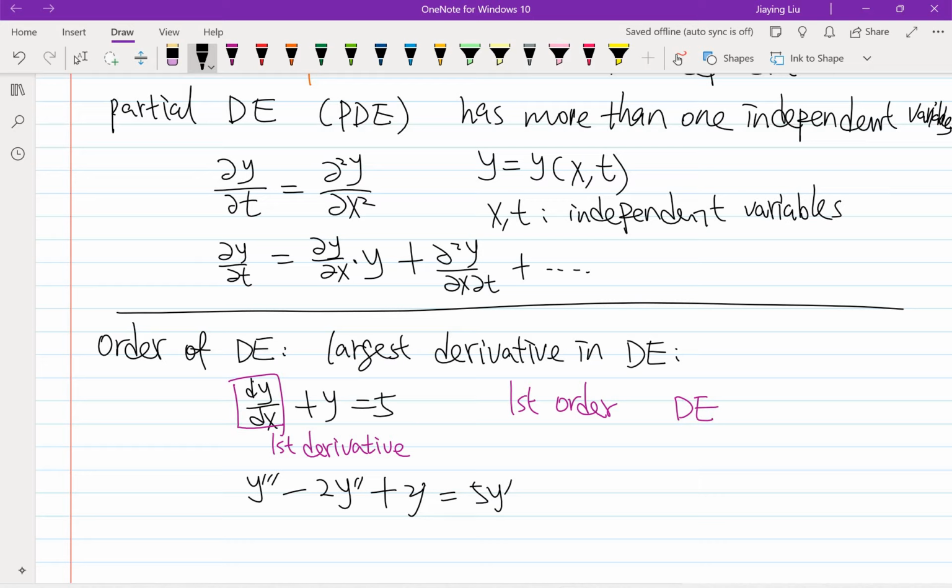If you want to know the order, this is the first derivative, this is no derivative, this is the second derivative, this is the third one, so that's the biggest. So this is a third order differential equation, just because this is the highest derivative. If we don't have this term, let's say the first term is not there, and we just begin with this part, that will be a second order differential equation.